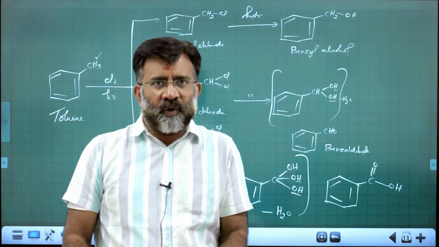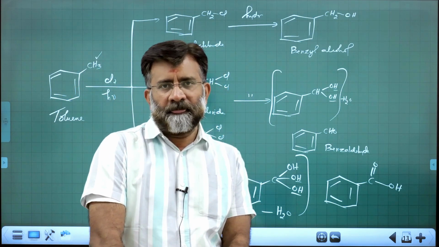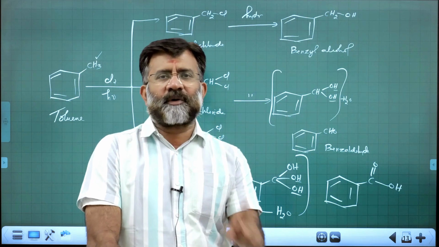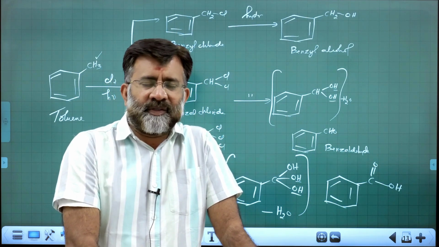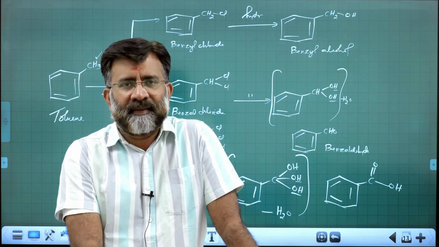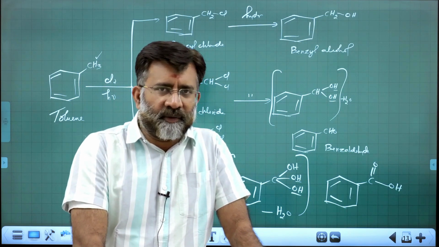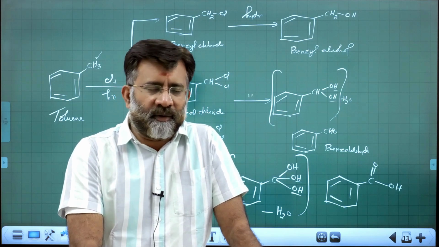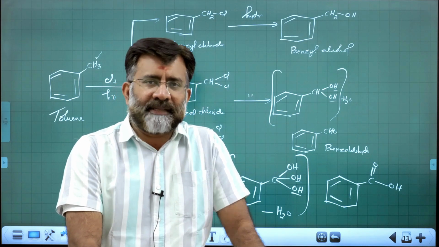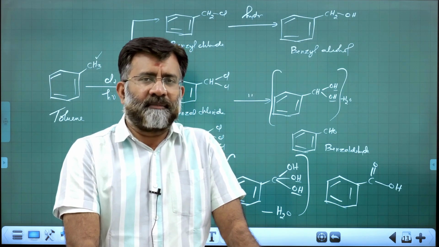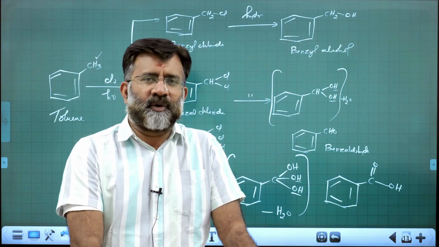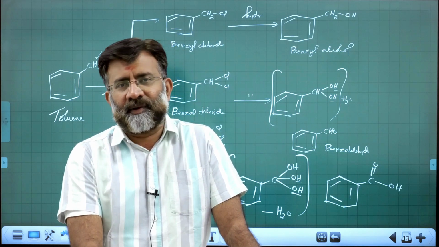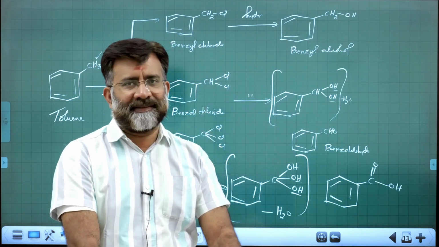So in the toluene CH3 group, one hydrogen atom monochlorination happens, you get benzyl chloride, solvolysis, benzyl alcohol. Two hydrogen atoms substituted, dichloro substitution, you get benzaldehyde. Three hydrogens substituted, trichloro, benzotrichloride, you get benzoic acid.